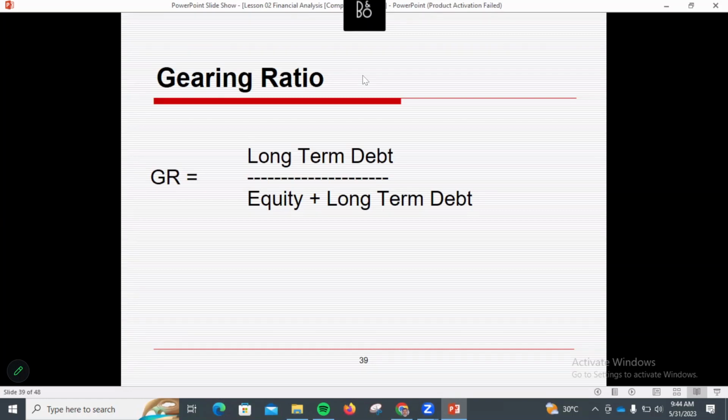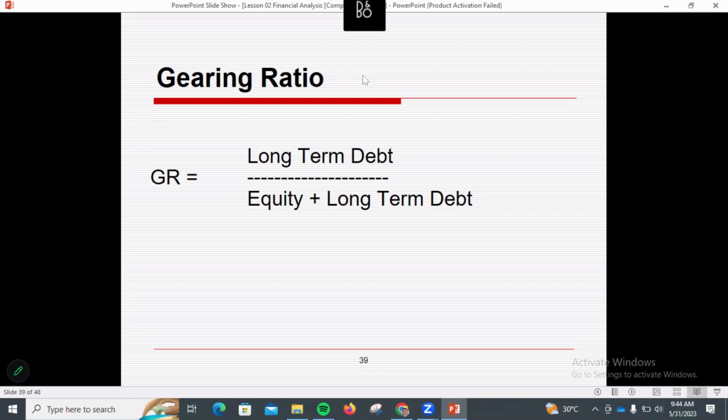This should indicate the capital gearing, to what extent the long-term debt has been obtained out of the total capital needed for the business. So if the result is more than 0.5, you can do some interpretation.